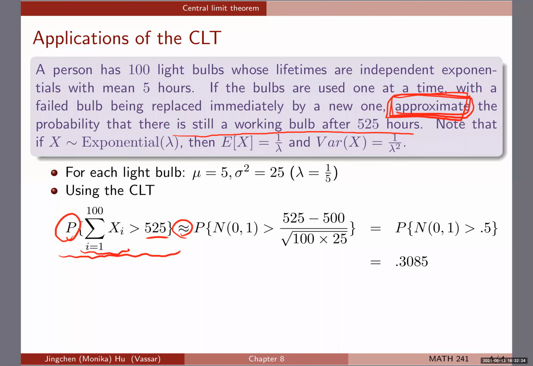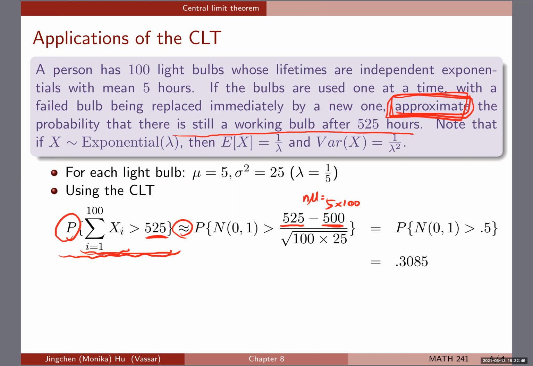The rest of it hopefully is not too bad, because we're going back to the standard normal calculation using the z table that we shared. We're standardizing it. We're trying to figure out the probability of the sum being greater than or equal to 525, so it's 525 minus the mean. This mean is 5 times 100, which is the n mu part.